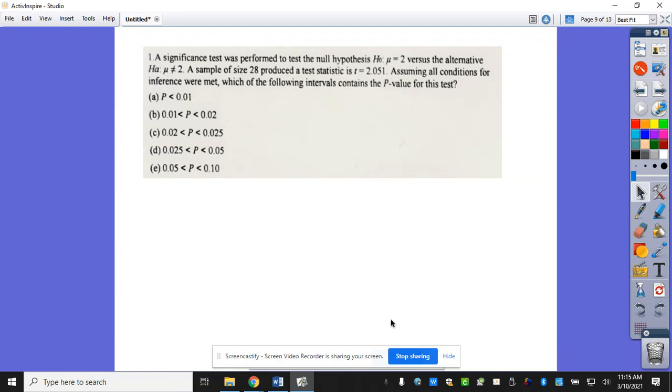So the first one says the null hypothesis is mu equals 2. Our alternative is not equal to, which means what? So it gives us that this is 2.051.